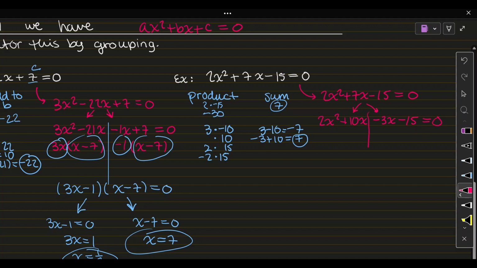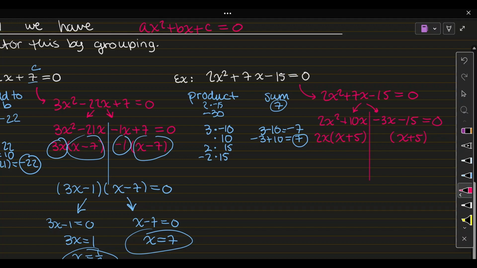Again, I'll just split it right down the middle, and I'll try and factor this side first. I notice that these both have a 2x in them, so I can factor out a 2x, and I get x plus 5. And then here, I'm trying to get x plus 5, so I want to factor something out of this to get x plus 5.